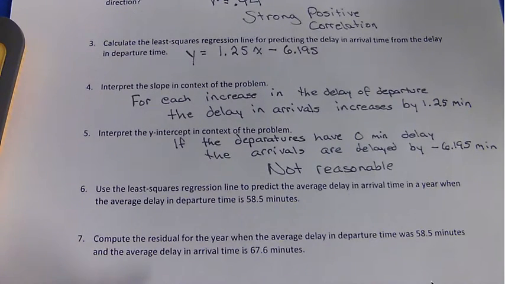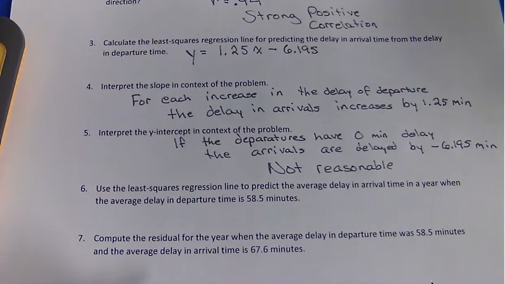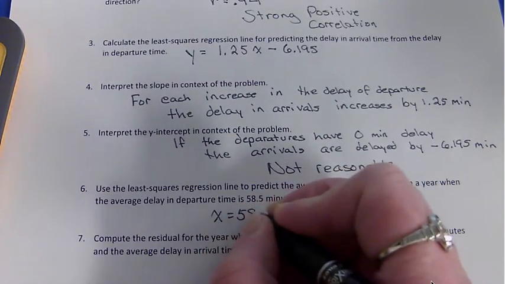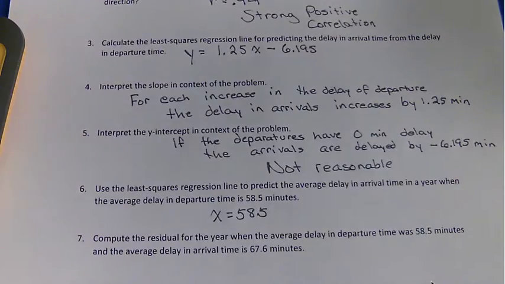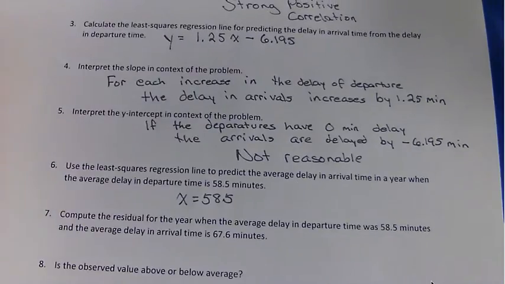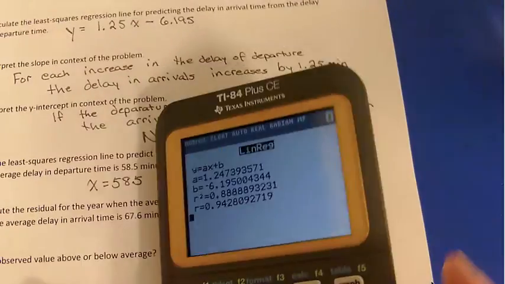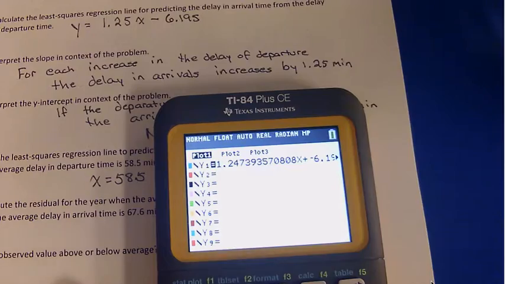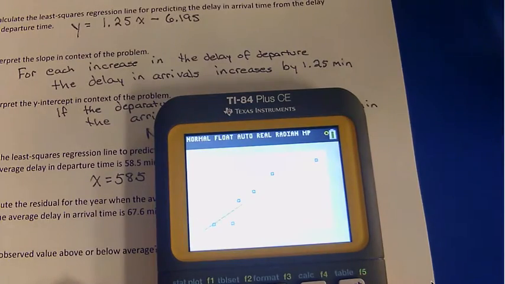Okay, use the least squares regression line to predict the delay in arrival if the delay in departure were 58.5. So that's an x value of 58.5. That would be plugging in 58.5 into that equation. So now that I have that line in y equals, and you could type it in yourself, it would also be on my graph.